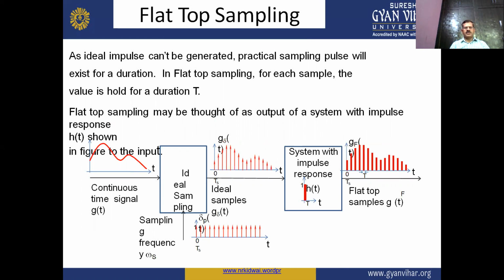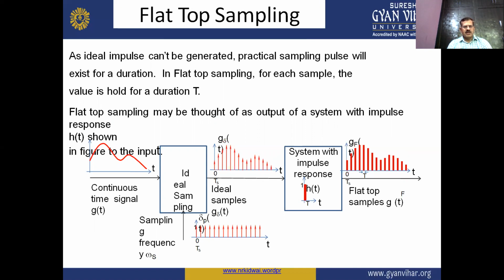Next one is flat top sampling. As an ideal impulse can't be generated, a practical sampling pulse will exist for a duration in flat top sampling. For each sample, the value is held for a duration t, and flat top sampling may be thought of as the output of a system with an impulse response. This block diagram shows flat top sampling.